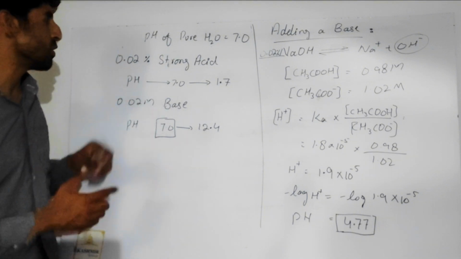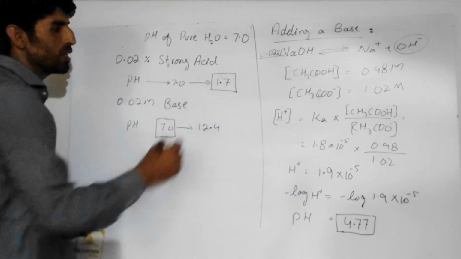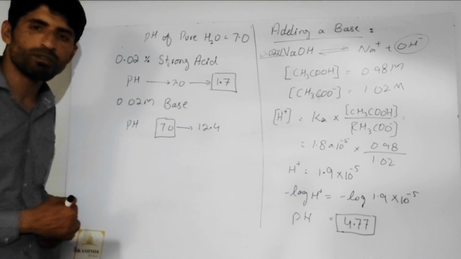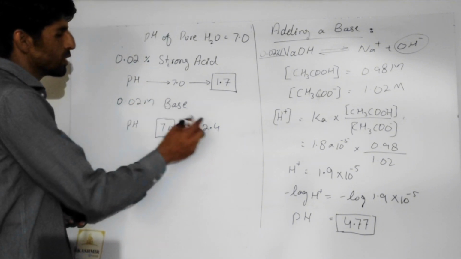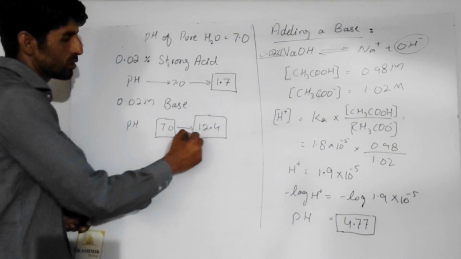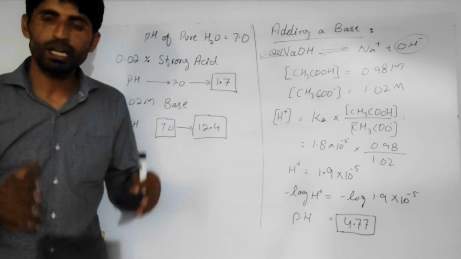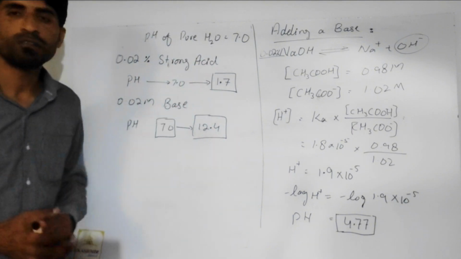But when we add only 0.02 mole of an acid, the pH becomes 1.7. And if we add some amount of base to the water, that is only 0.02 mole, the pH value changes from 7 to 12. That is a very huge and clear difference between these pH values.